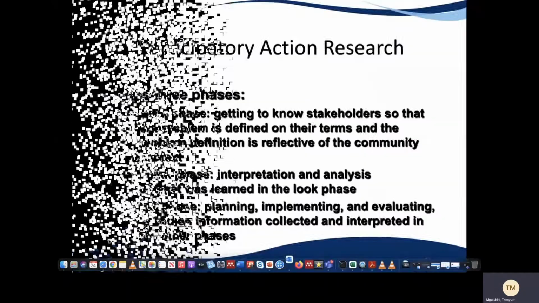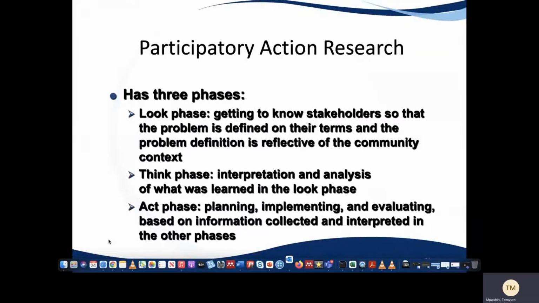It literally has 3 phases, and these phases are quite self-explanatory in the way that they are presented, but they need to be shared nonetheless. So the first phase of participatory action research is the look phase, and this is basically where the community and the researcher spend time looking.